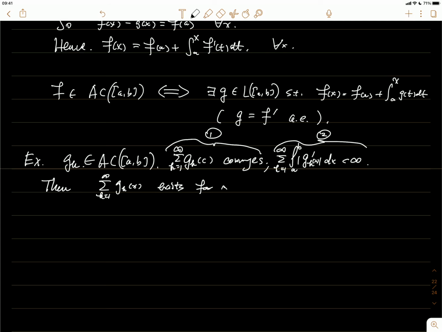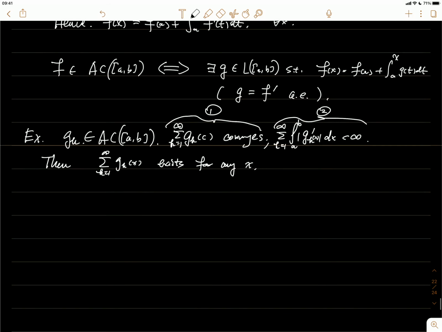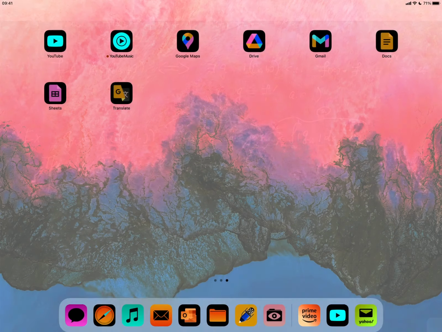Since it exists for any x, we can define g(x) to be the sum. This is well defined.